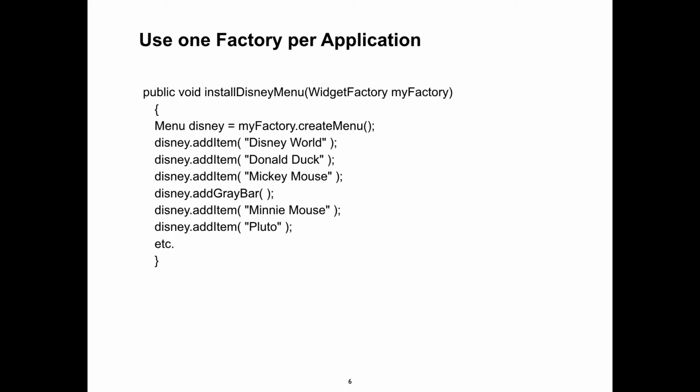And so if you're on the Mac platform, you instantiate the Mac factory, and then when you say give me a menu, you get a Mac menu. So there's only one spot you have to worry about which platform you're on, right? When you create that factory, you say, okay, now I'm going to create the factory for Windows or Linux or for Mac.